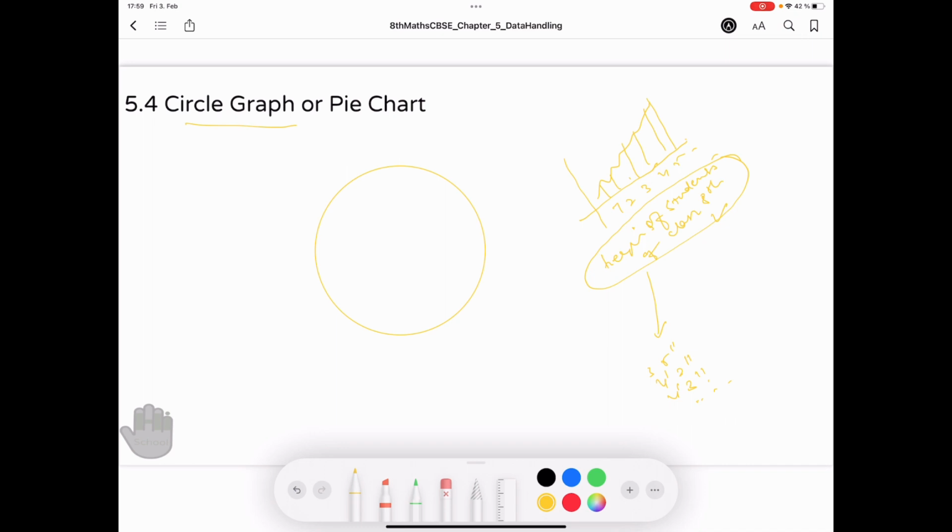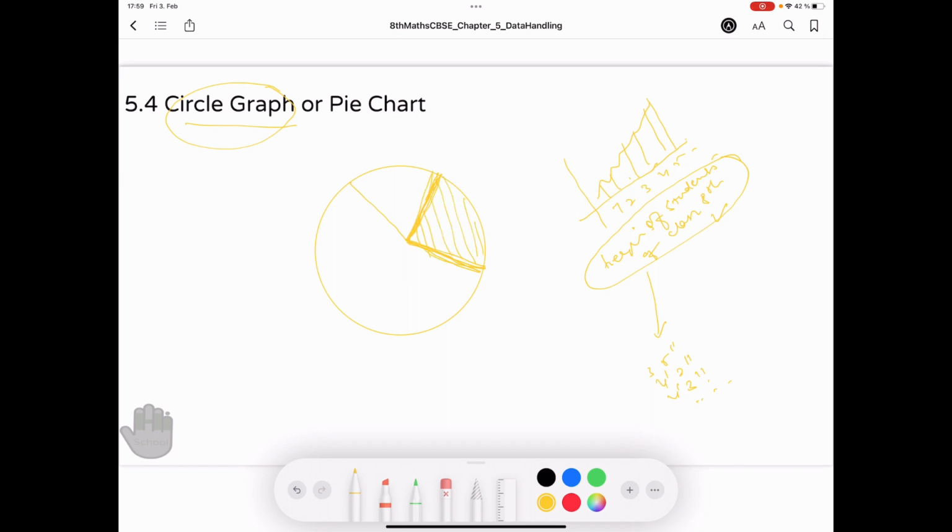Okay, so in this circle graph, how can we represent multiple values of a quantity? We will represent it using different sizes of this pie. If the value of the quantity is high, then the pie size will be bigger.